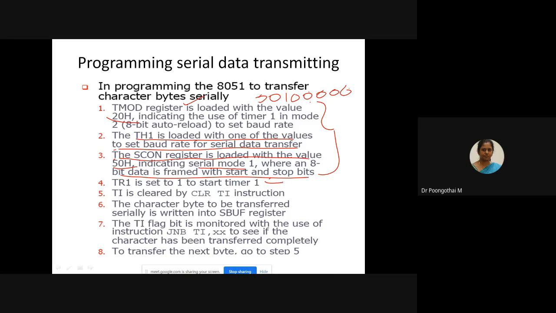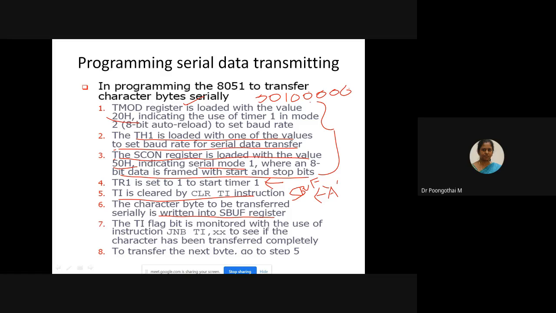Next you have to start the timer to generate the baud rate clock frequency. Once the timer gets started, you have to monitor your TI. Initially clear TI and write the data into the SBUF register. Suppose I want to transfer character A. You have to transfer this character to SBUF.